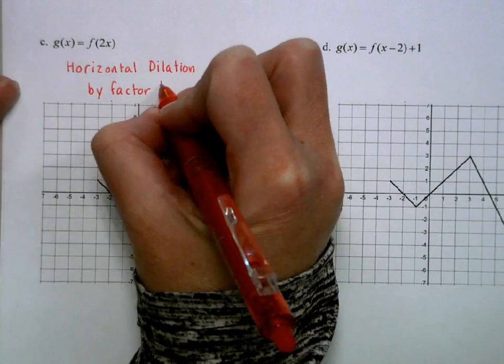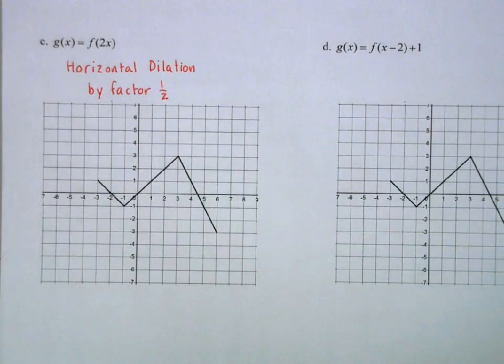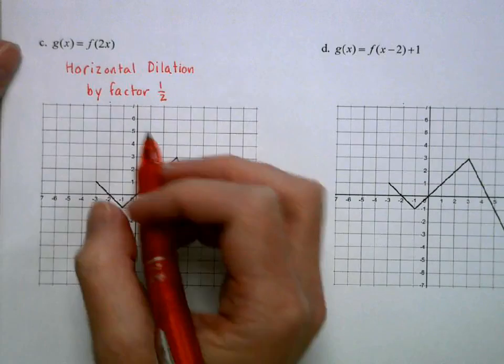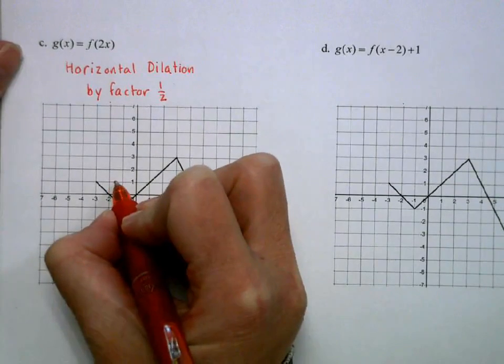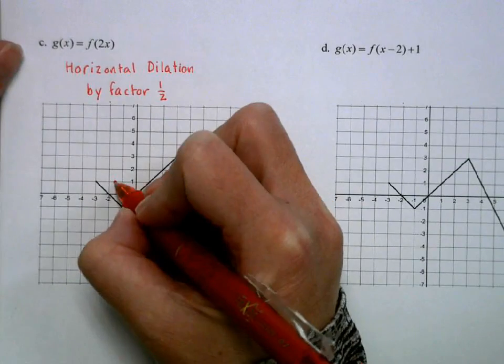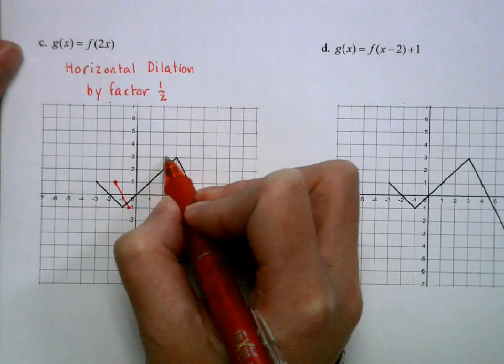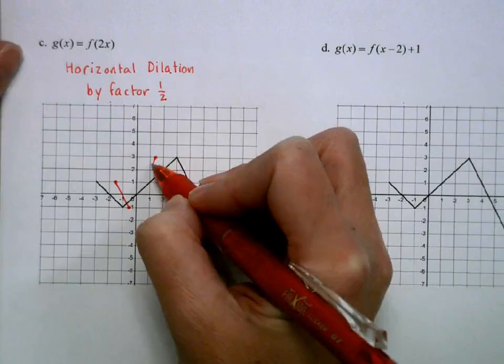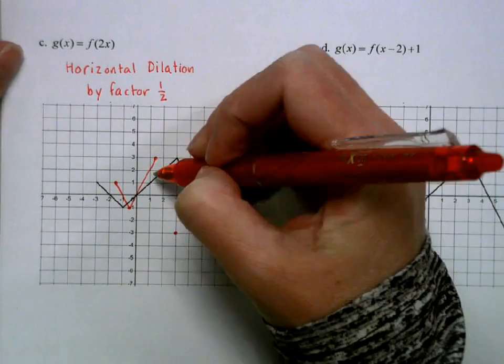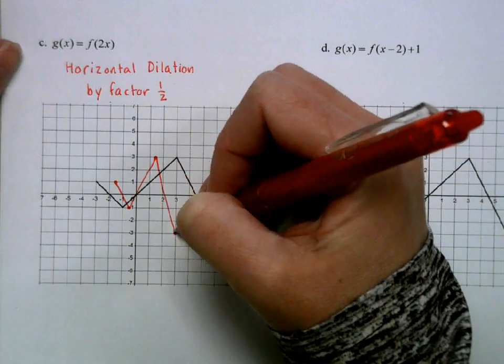So this point out at -3 is going to get squished in to -1. -1 is going to go to -1/2. This point at 3 is going to go to 1.5. And this point out at 6 is going to get squished into 3. So it has the same range of values, the same y values, but our x values get compressed.